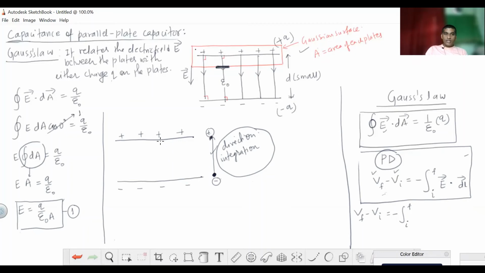We know the electric field lines are directed along this direction, and this is the displacement. We want to integrate along this direction, so the electric field and displacement are oppositely directed. So in this case, we can write E dl, and the angle between them is 180 degrees.